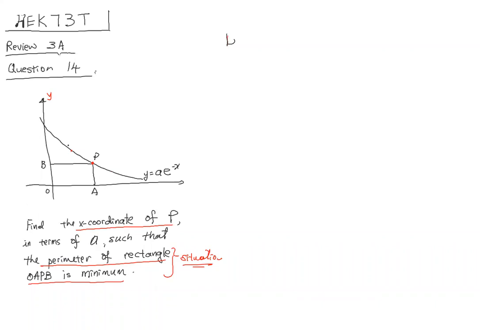So we let L be the perimeter of rectangle OAPB, and we want to write it in terms of x.